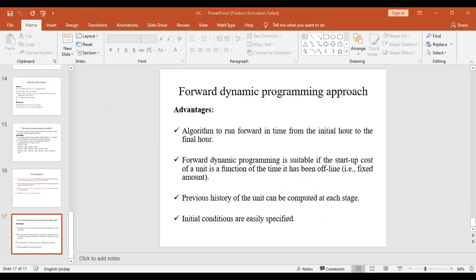This is the main thing in the inequality constraints of the generator constraints.